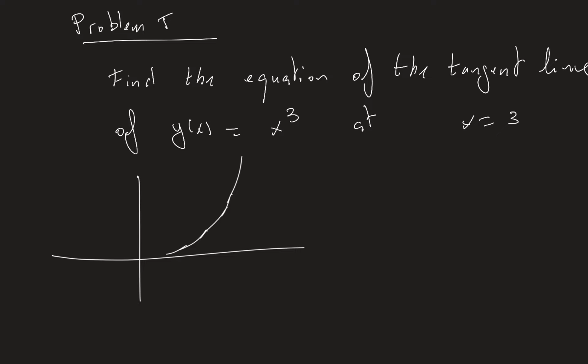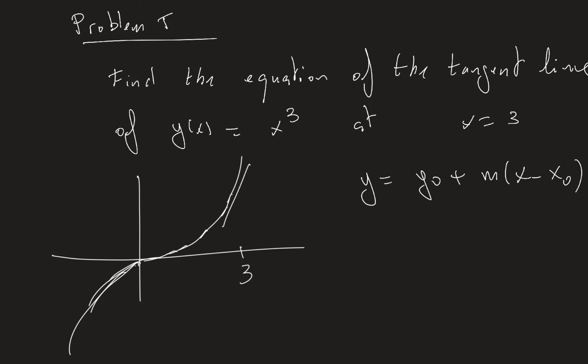It has a slope of 0 at x equals 0, and it changes the concavity, something like this. This is y equals x cubed. At x equals 3, there is a slope. And what is the equation of the tangent line? Well, very easy. The equation of the tangent line is y equals y0 plus m multiplied by x minus x0.